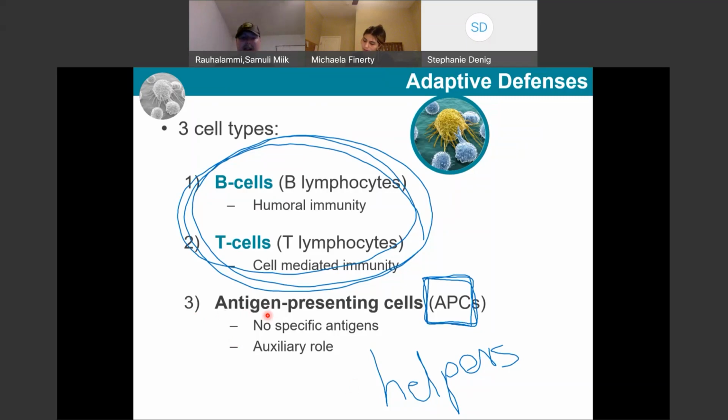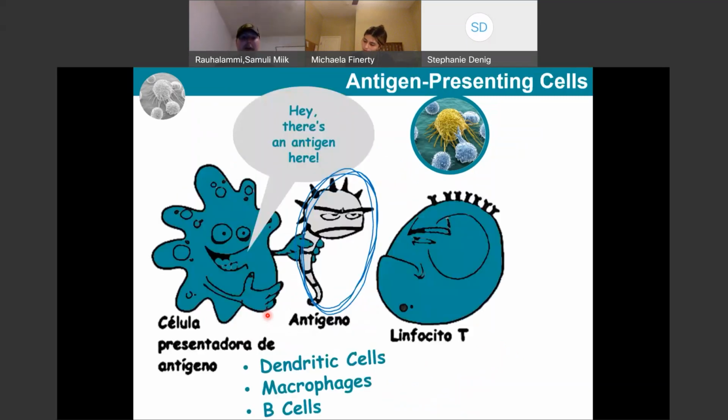So antigen presenting cells, whenever there's an antigen that they find, they can't get rid of that antigen themselves, but they make a big song and dance about the fact that the rest of the immune system can then find it and deal with it. So they really present this antigen to the rest of the immune system.